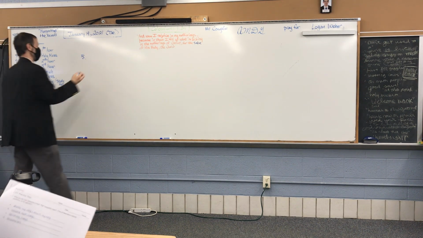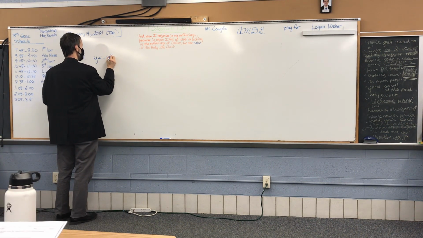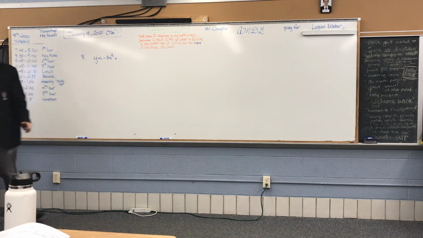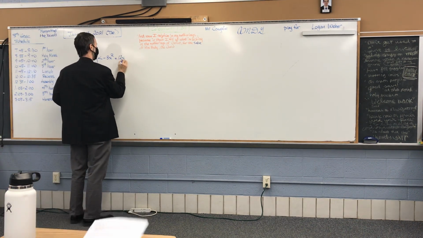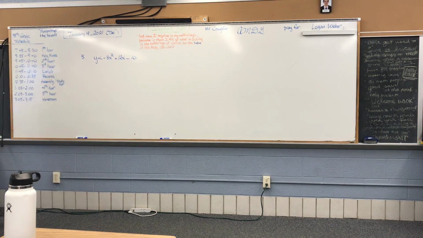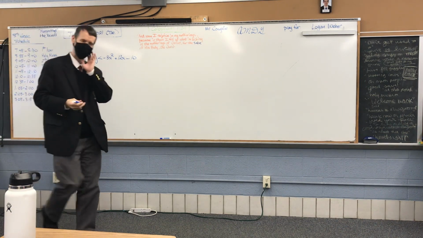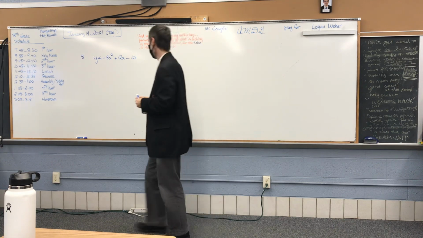1 is less than 3x squared plus 12x minus 10. All right. In order to graph this, we need to find the vertex. In order to find the vertex, there are 2 possible ways to do that.